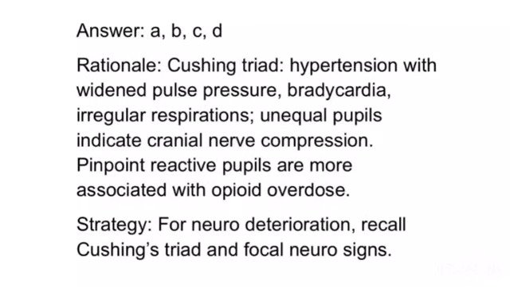Answer: A, B, C, D. Rationale: Cushing's triad, hypertension with widened pulse pressure, bradycardia, irregular respirations; unequal pupils indicate cranial nerve compression. Pinpoint reactive pupils are more associated with opioid overdose. Strategy: for neurodeterioration, recall Cushing's triad and focal neurosigns.